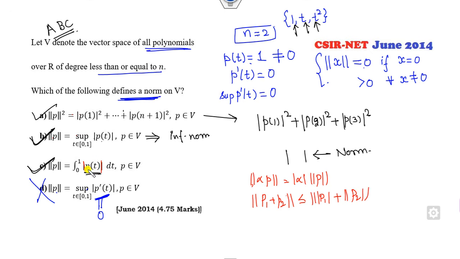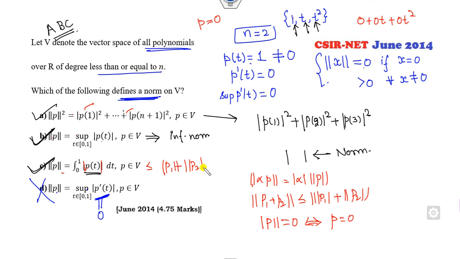The modulus of P1 plus P2 is less than or equal to the norm of this plus the norm of this. So it is also satisfied. And P is equal to 0 if and only if P is equal to 0. If I consider the zero polynomial, then the coefficients are 0 plus 0t plus 0t square. So it's 0, 0, 0. All are satisfied.